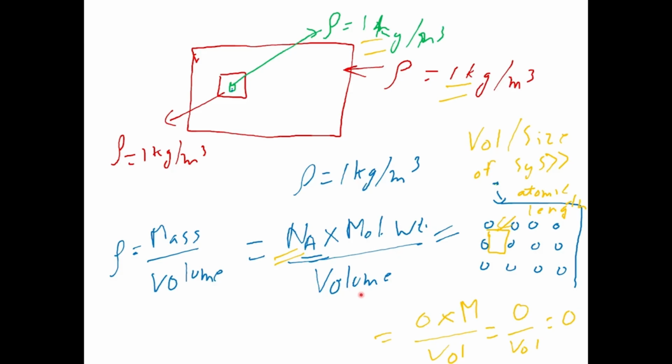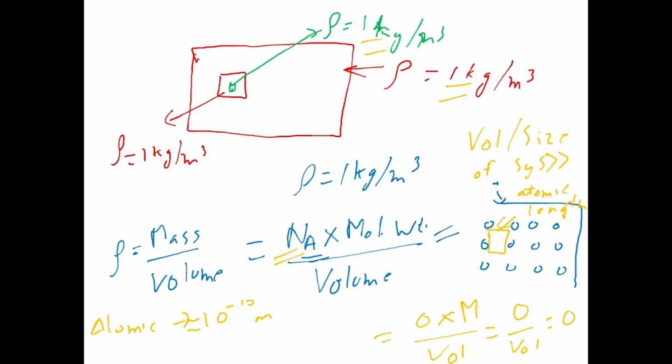At that point, if you're talking about even nanofluidics, the volume of the system that you're looking at is at nanometer scale, and the atomic scales are roughly an angstrom scale. So 10 to the power of minus 10 is your atomic scales. So atomic length scales are 1 angstrom, or roughly 10 to the power of minus 10 meters.